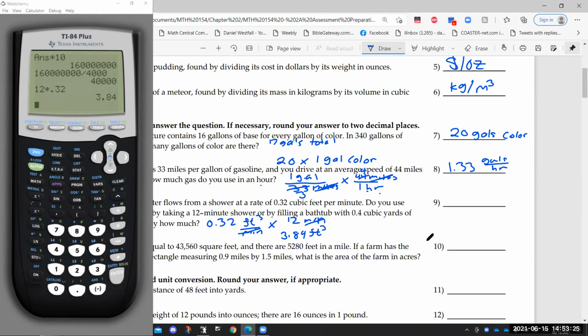Now, a cubic yard, you can look up the conversion factor, but because a yard is 3 feet, 1 cubic yard is 3 feet times 3 feet times 3 feet, which is going to be 27 cubic feet. That's a yard times a yard times a yard.